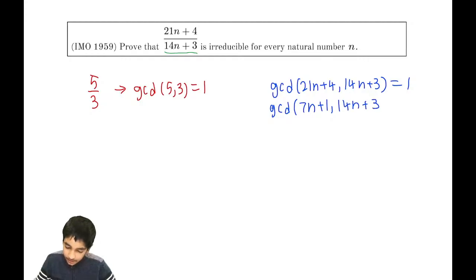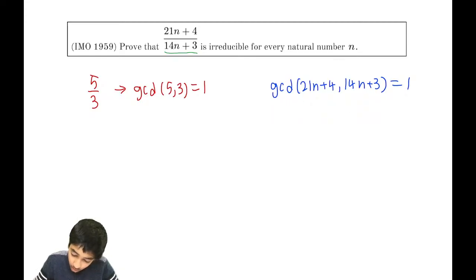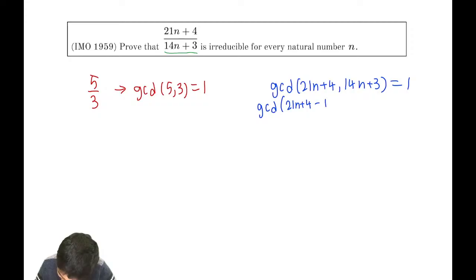Let me explain more. This is going to be equal to the GCD of 21n plus 4 minus (14n plus 3), comma 14n plus 3, right? That's the Euclidean algorithm we just learned. So now I have to prove this is equal to 1.